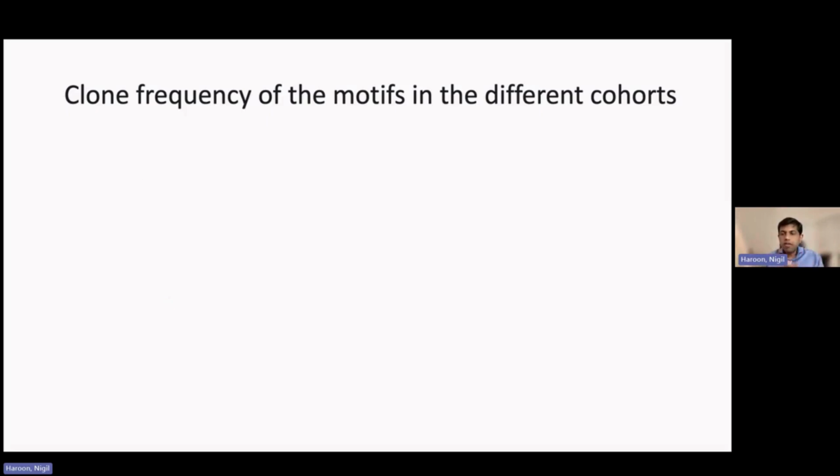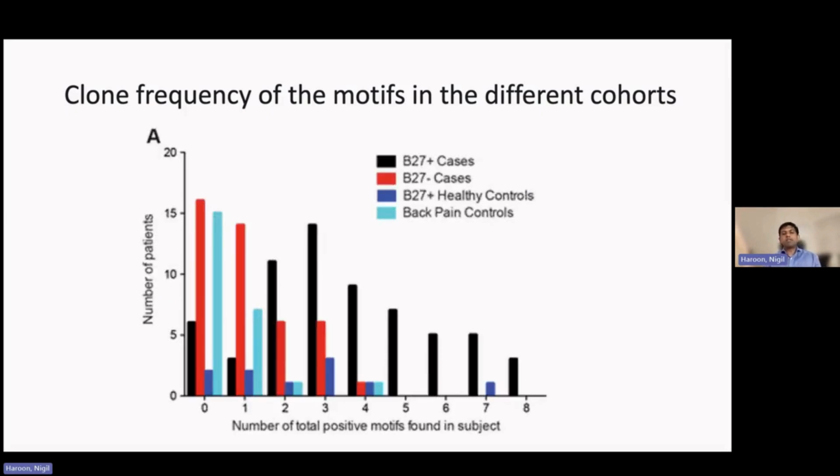So when you look at 100 T cells, instead of each of those recognizing 100 different antigens, you may see 10 or 15 recognizing only one antigen. That shows that maybe that antigen is driving the immune response. So let's look at the T cell clones in B27 positive AS patients, B27 negative AS patients, B27 positive healthy controls, and back pain controls without any B27. On the y-axis is the number of patients, and on the x-axis is the total number of T cells that recognize specific antigens.